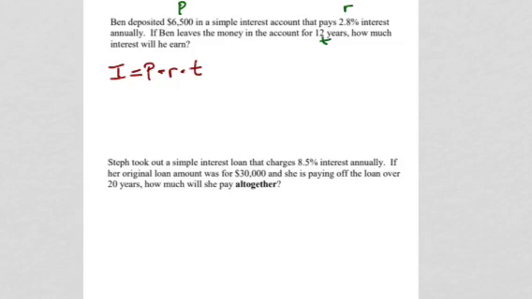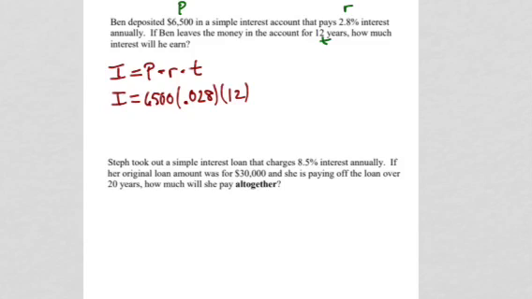All right, so it says Ben deposited $6,500, so that was our principal, $6,500. And our interest rate is 2.8%, so we have to move that decimal 2 spots, so that's 0.028. And then for 12 years. At this point, it just becomes a calculator problem. Again, you will definitely want access to a calculator.